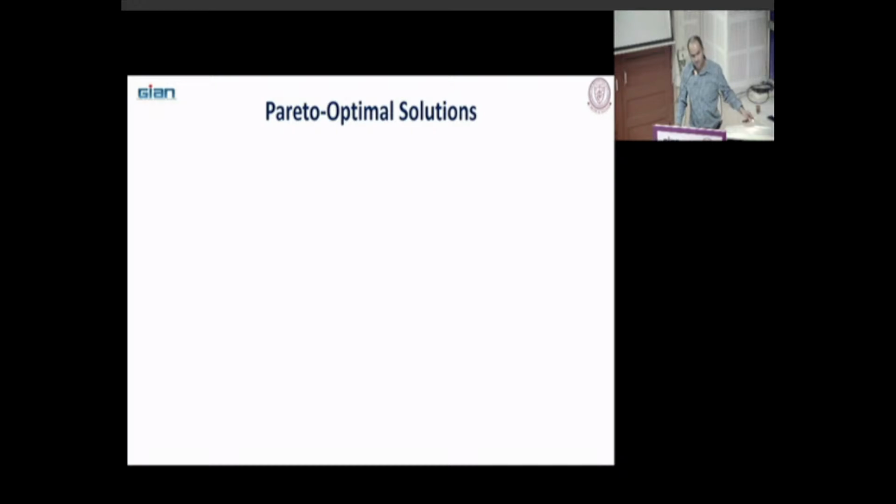What is a Pareto optimal solution? Any idea? Finding the trade-off between two objectives. Okay, have you heard the term conflicting objectives? When you say multi-objective optimization, it means the objectives sometimes come into conflicting nature. What do you mean by conflicting?